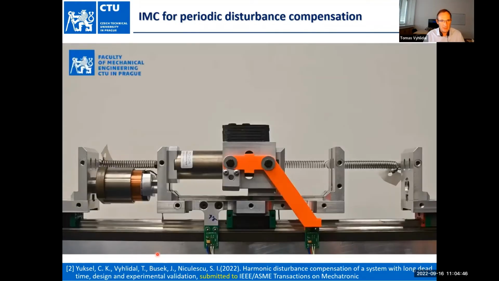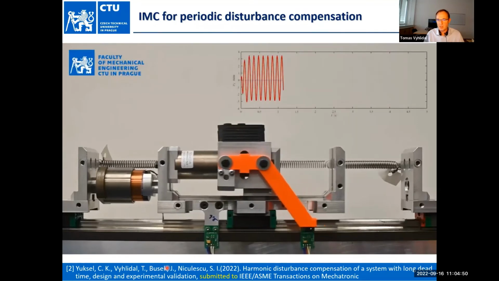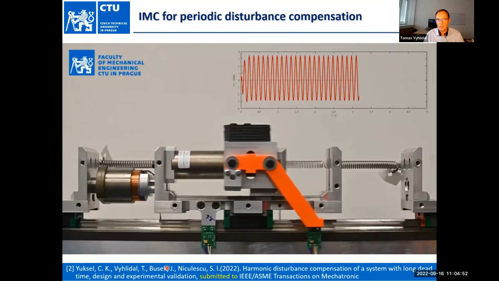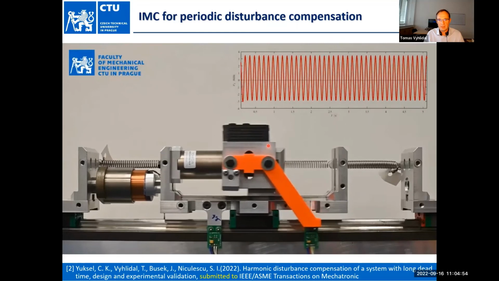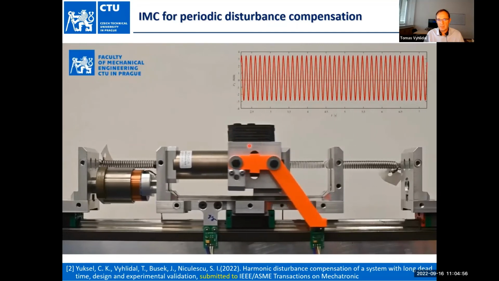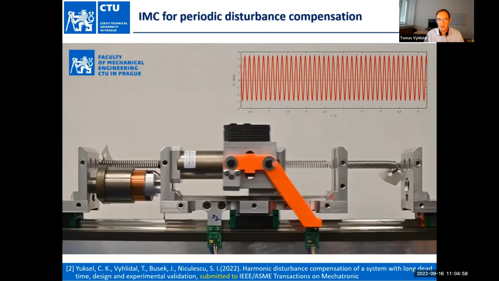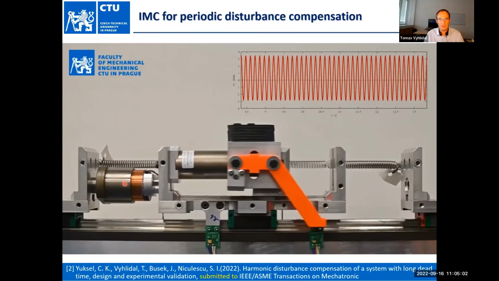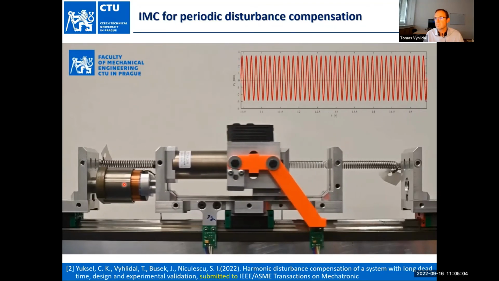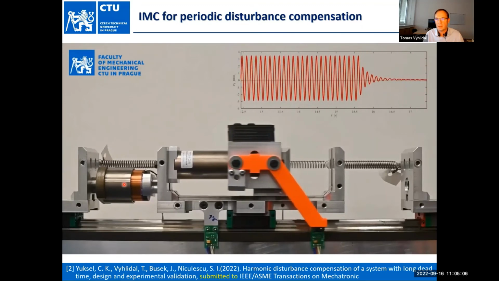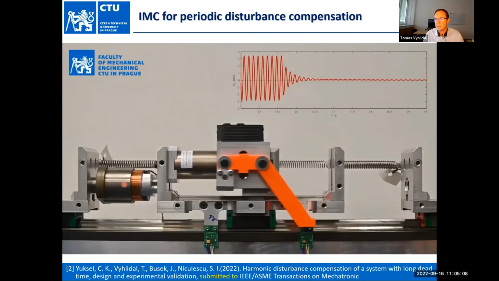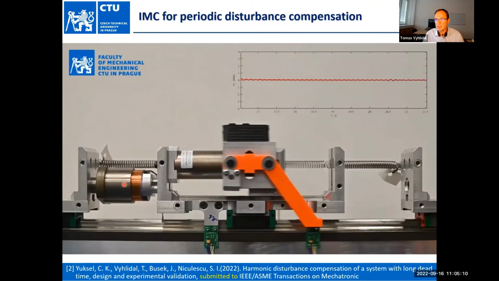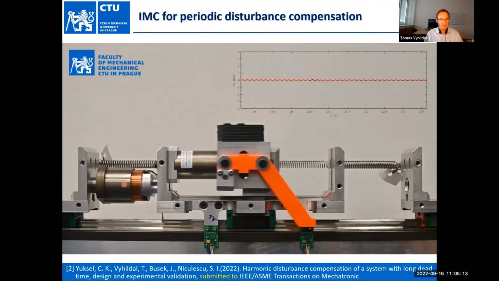So this is the first video, which is a bit longer, but I think it nicely shows how it works. Now it is excited by this card. The control action, which comes from here, is not working, and now it started to work, and really you see that the suppression is excellent.